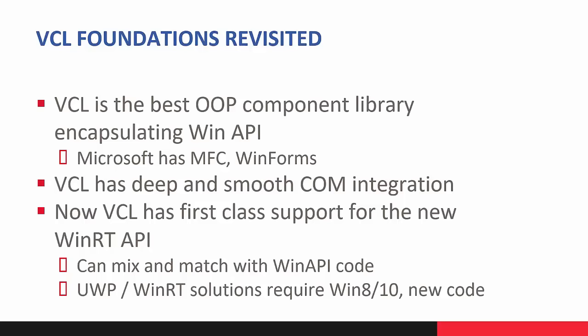So it's not just a great Win API integration, but also a great COM integration, both client and COM server integration. And now, additionally, over the last couple of years, VCL has added first-class support for the WinRT API. So you can have a Win32 application or Win64 application that calls natively and directly to the WinRT API code.